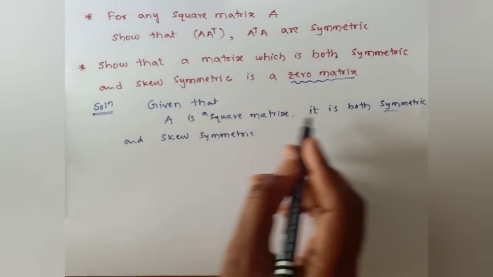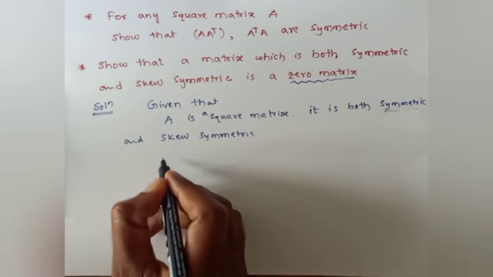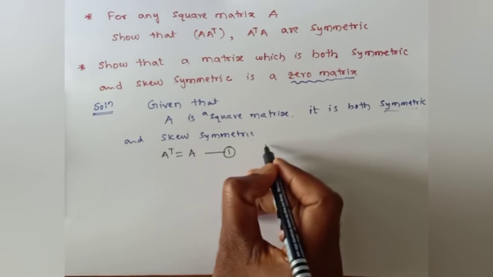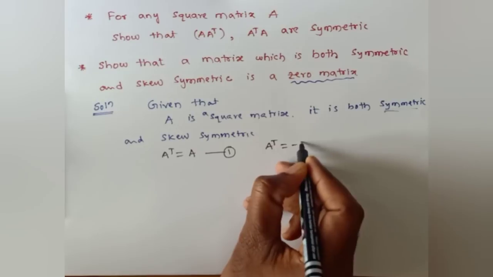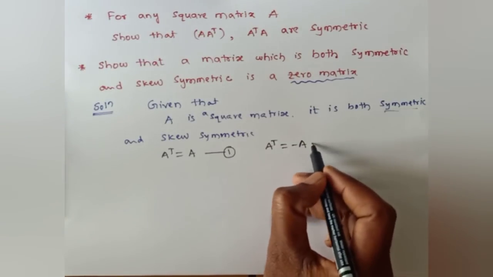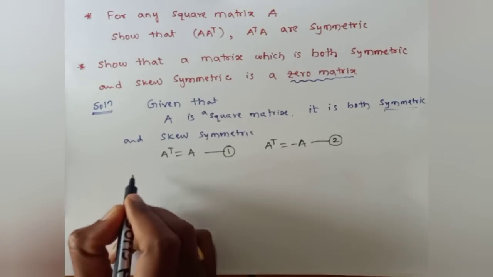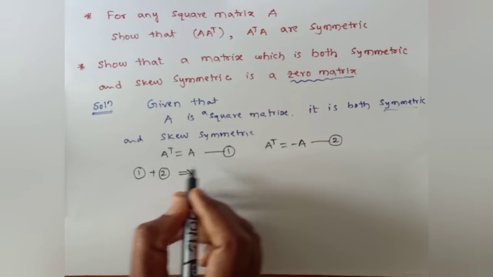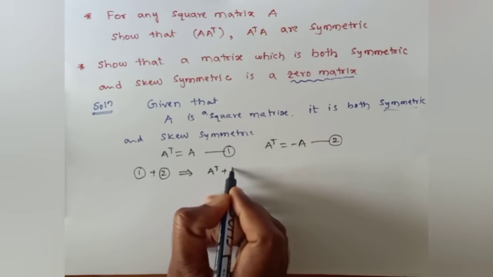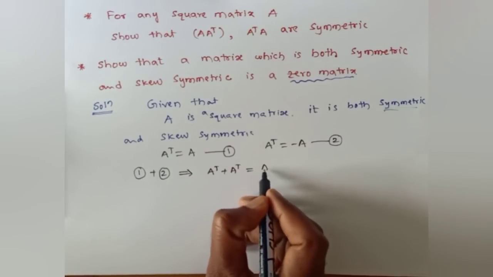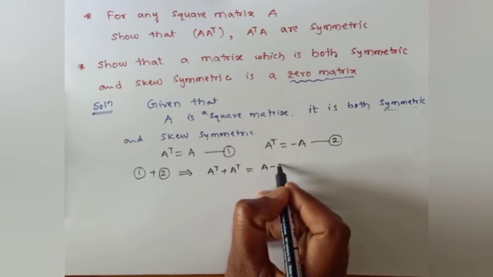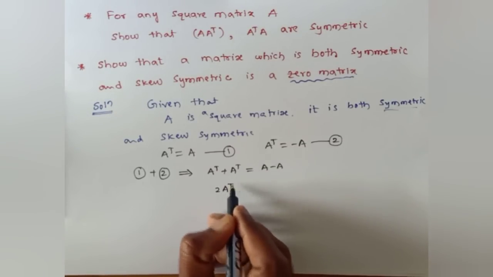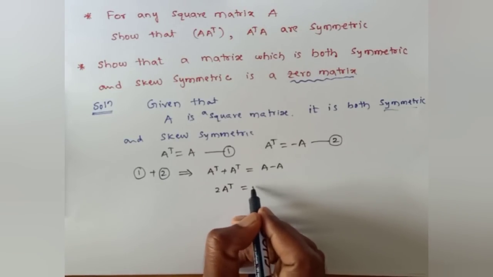So by using the given data, we can say symmetric matrix means A transpose is compulsorily A. Let this be equation 1. And one more thing, A is also skew symmetric, so A transpose equals minus A. Adding 1 and 2, on the left hand side it is A transpose plus A transpose, and on the right hand side it is A plus minus A. Now A transpose plus A transpose is 2 into A transpose, which is equal to a zero matrix.